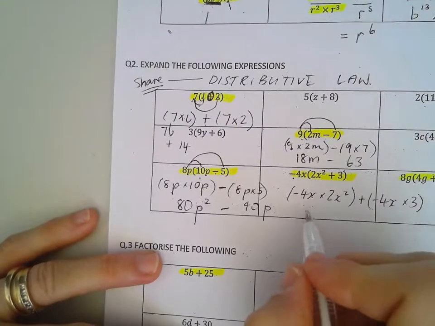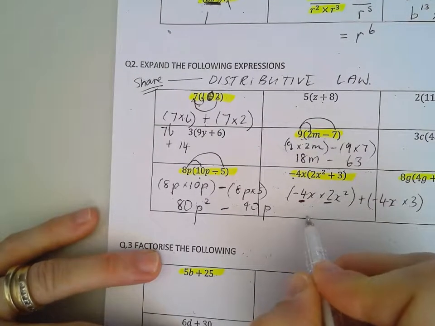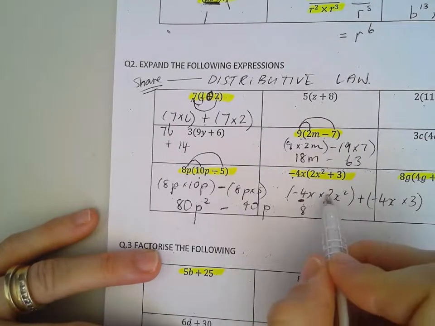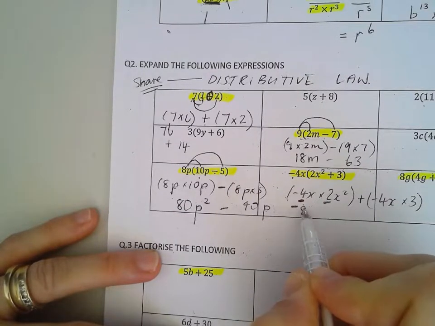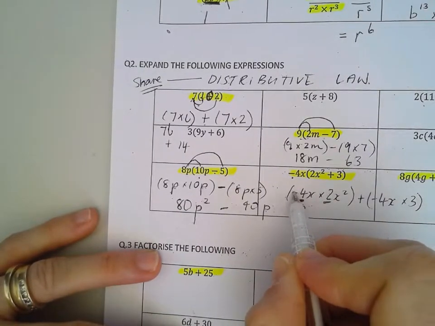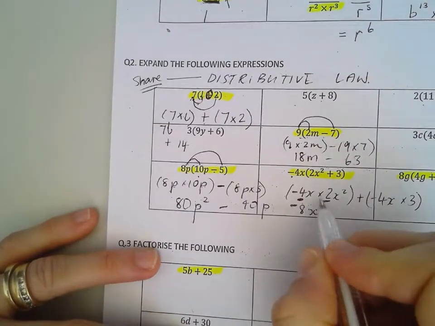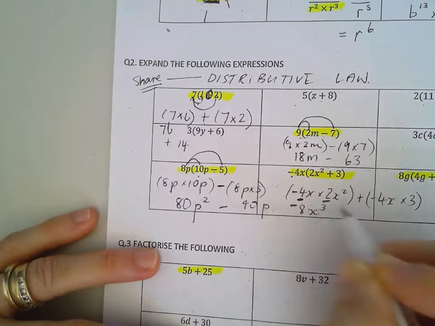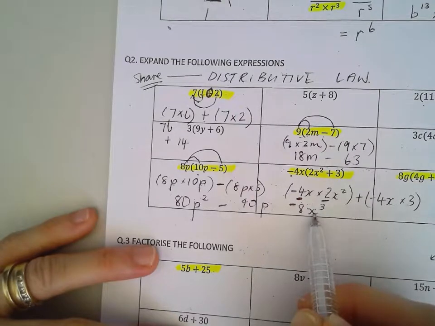Okay, so back in term 1 we worked on integers and we learnt that you can think about 4 times 2 as 8 to get you started, but if you have two different signs when multiplying or dividing, it's actually a negative. So 4 times 2 is 8, but because this is a negative and that's a positive, it's negative 8. Okay, we've got x, 1 there, and x to the squared there, so there's 3 x's all together. 1, 2, 3, x to the power of 3.